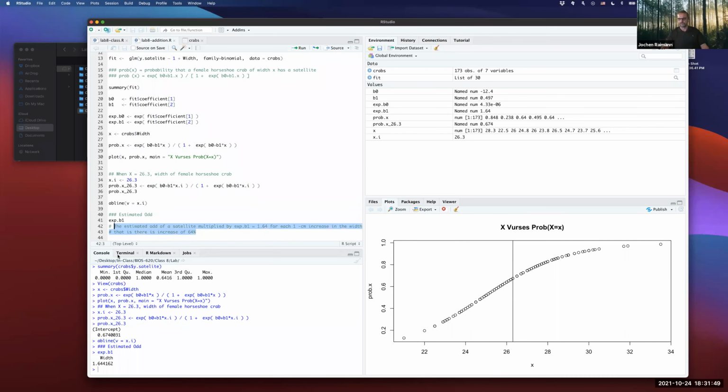So there's an increase of 64% with an increase of 1 centimeter from the average. The average would essentially be the intercept, right? So you have an intercept of 0.67, and everything that exceeds that is increasing the odds ratios. Good.